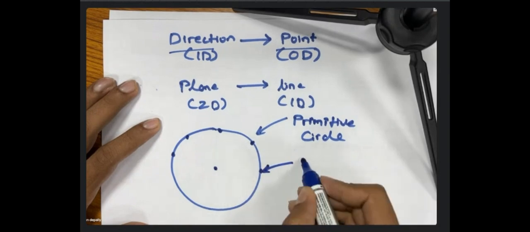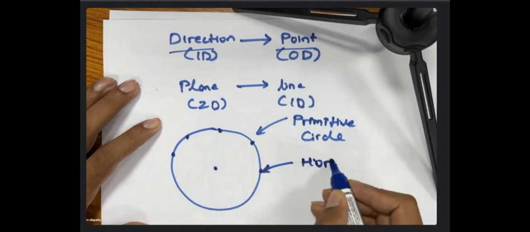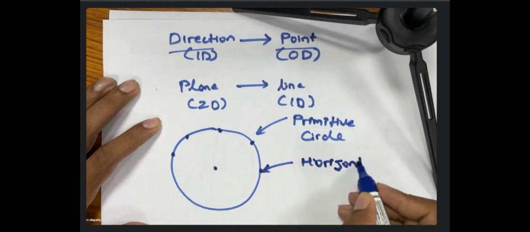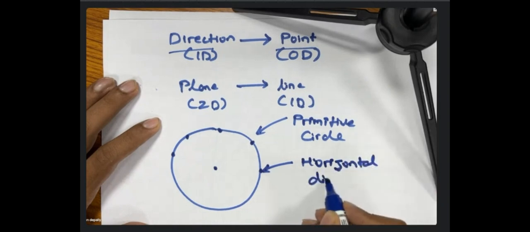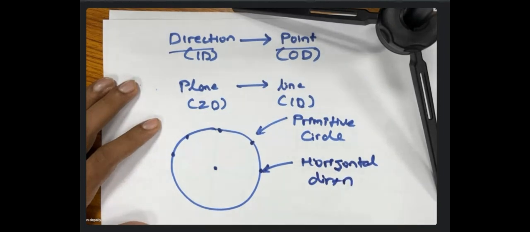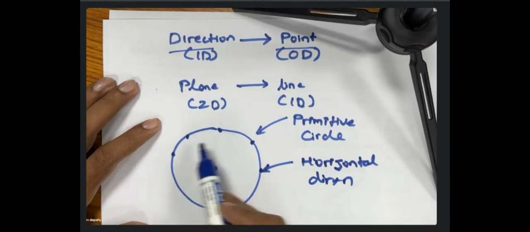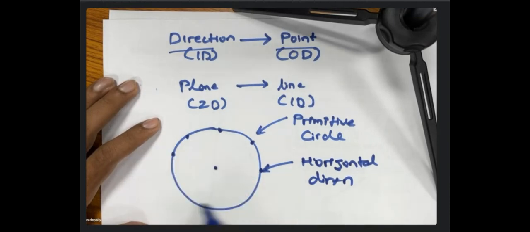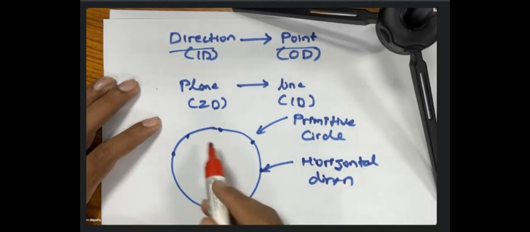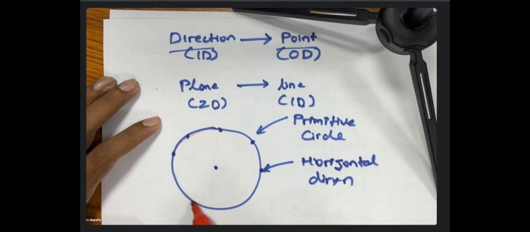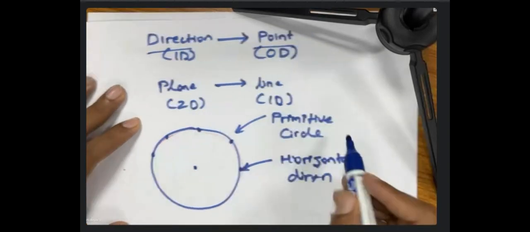So they are the horizontal directions, while the horizontal plane itself will be the primitive circle. This entire primitive circle, along with being the primitive circle, will be the horizontal plane also.